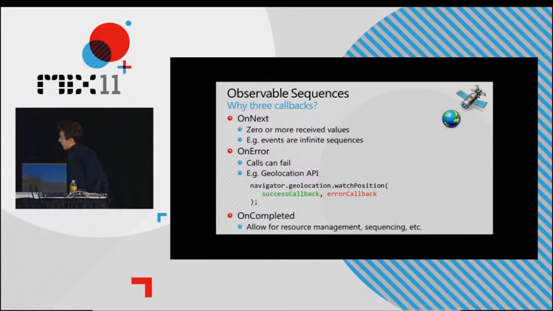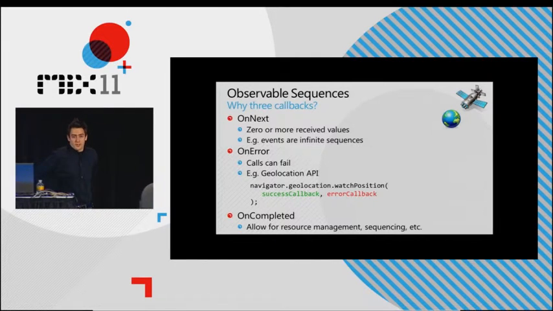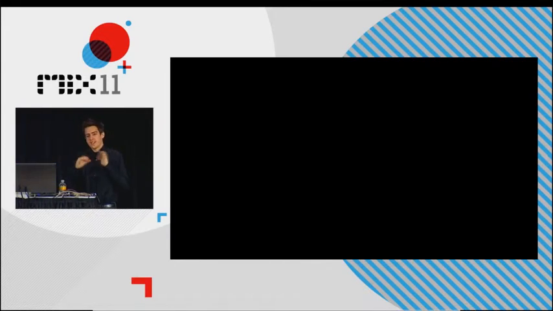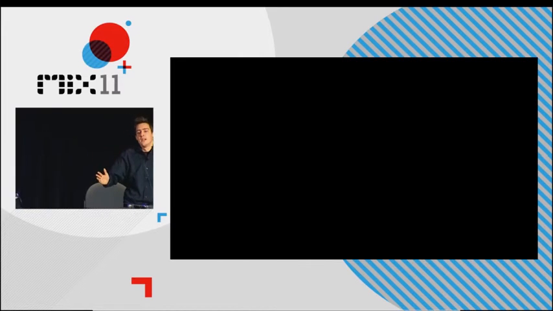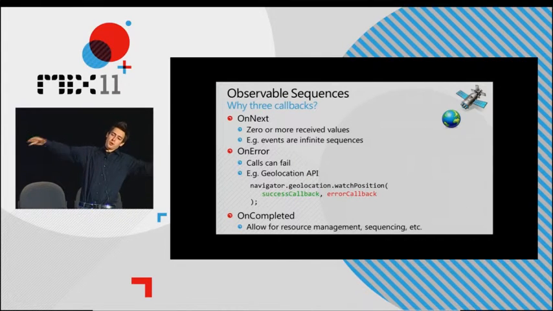And finally, we have something called onCompleted, which indicates the end of a sequence. Like, for example, an AJAX call will have an onNext method being called, and then it will call onCompleted to say there are no results to follow. The sequence is finite, it's ended over here. And then you can sequence things, like Rx has operators like concat, where you can basically concatenate multiple observable sequences.